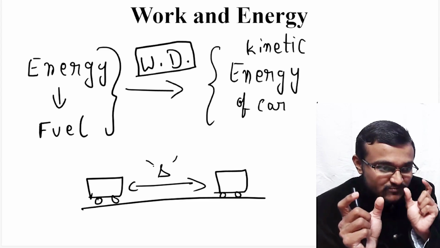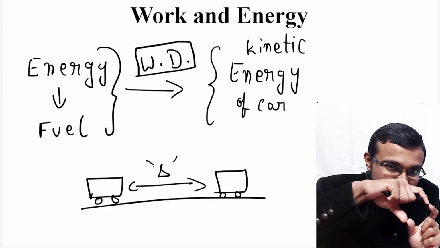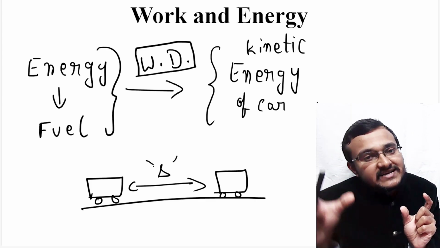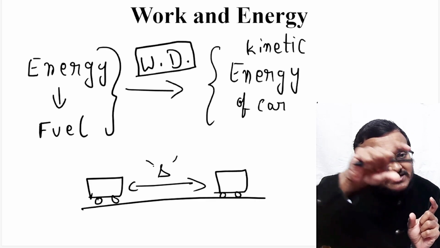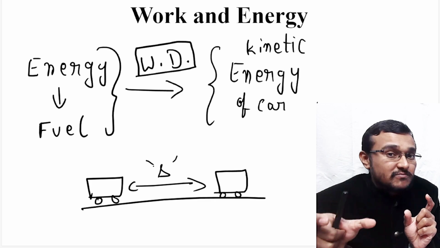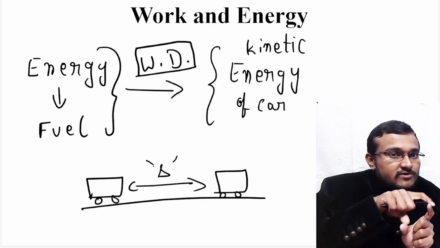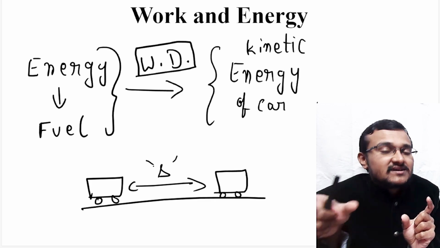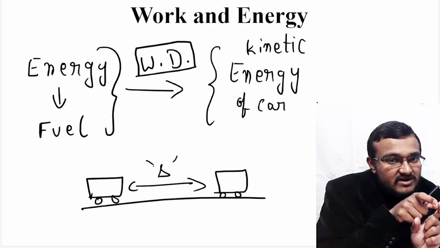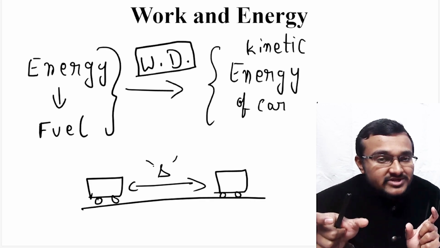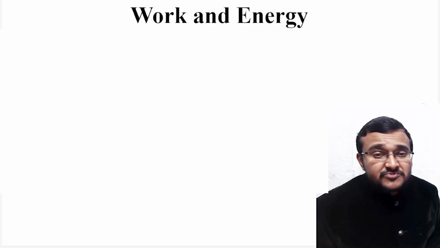First you should understand what work is, and using that work done, you should try to understand energy. The capacity of a particular object to do a certain amount of work is its energy. That's why work done is always related to energy. This is all there is in this video.